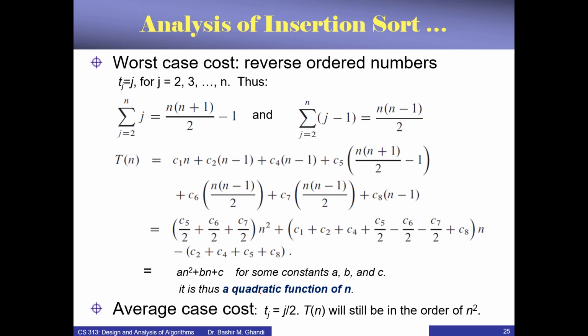So average case is basically for those tj's, instead of assuming them to be j's, we can take them to be j over 2. Now if you do the simplification, you will still have a quadratic equation anyway.